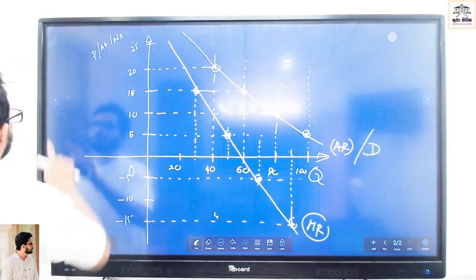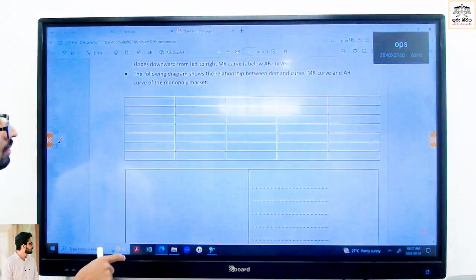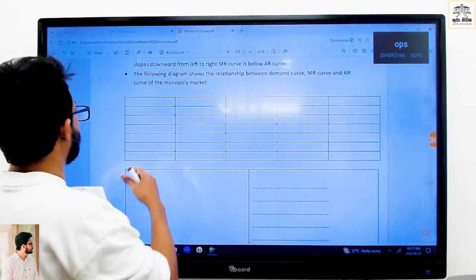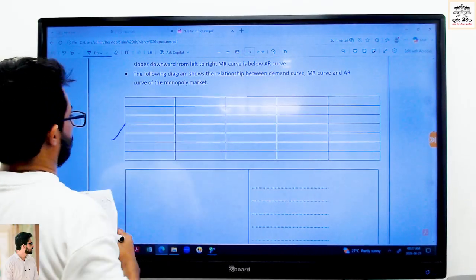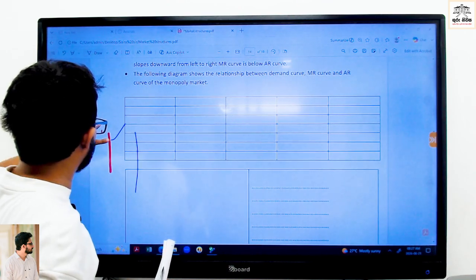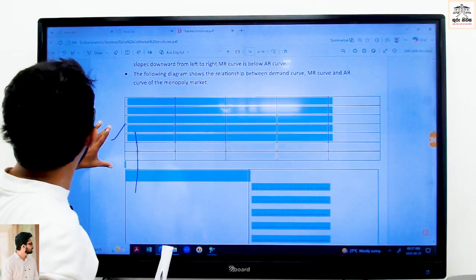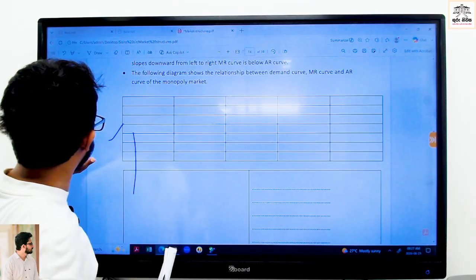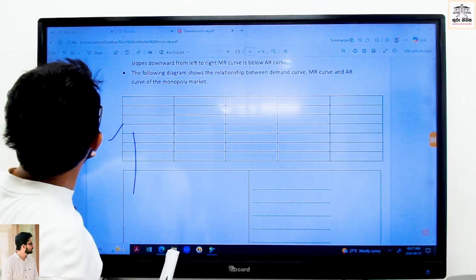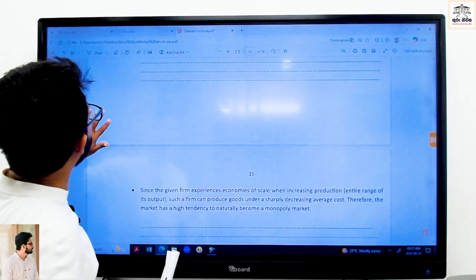I think you're okay with what I'm explaining. Here, this is space for the graph. Table done. Table okay. Then graph. Graph also done.